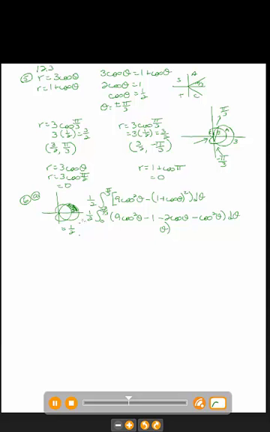1/2 0 to pi over 3. That's going to be 8 cosine squared of theta minus 1 minus 2 cosine theta, collecting my like terms. If I change the cosine squared to 1 plus cosine 2 theta over 2 and simplify all this stuff, you will get 3 plus 4 cosine of 2 theta minus 2 cosine theta.